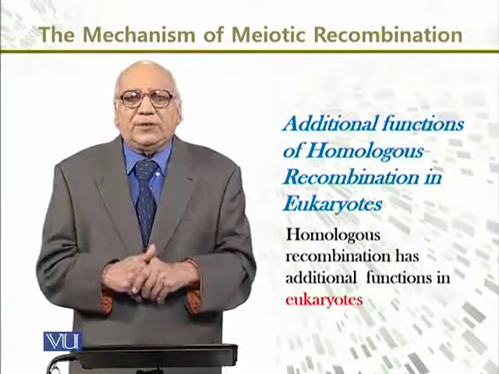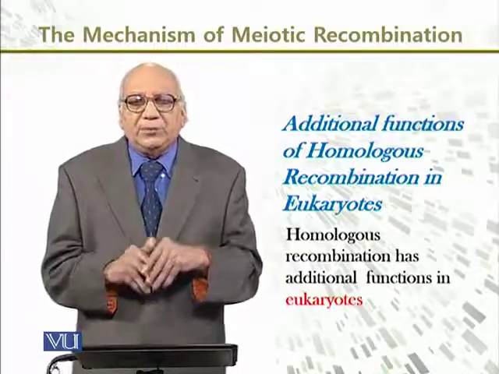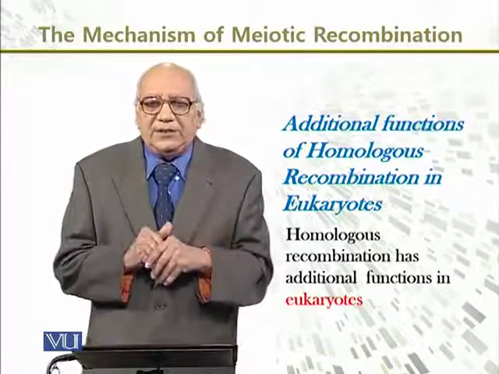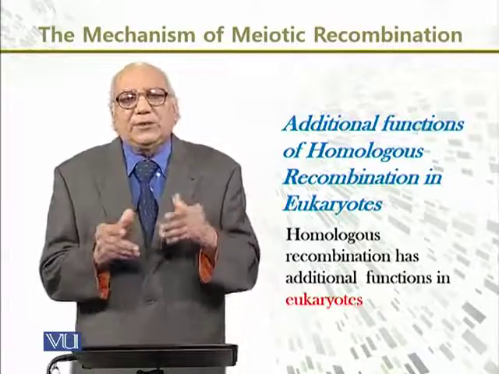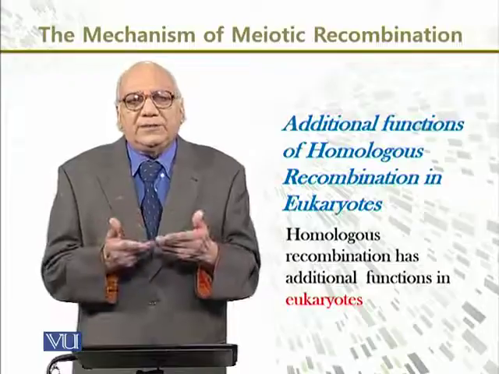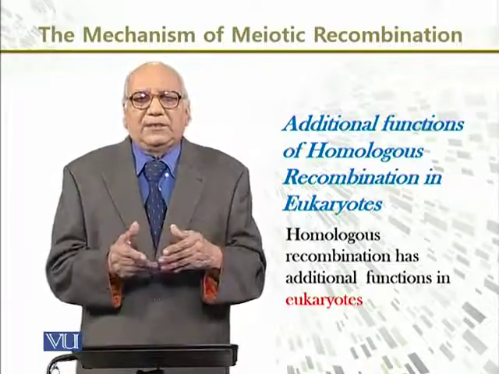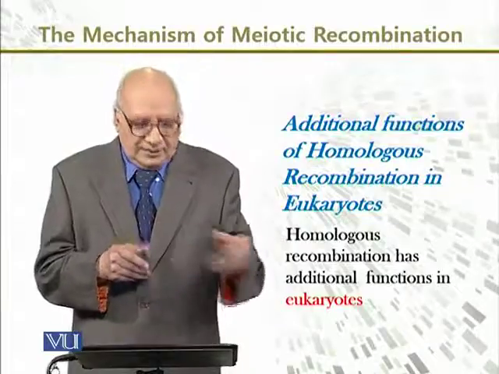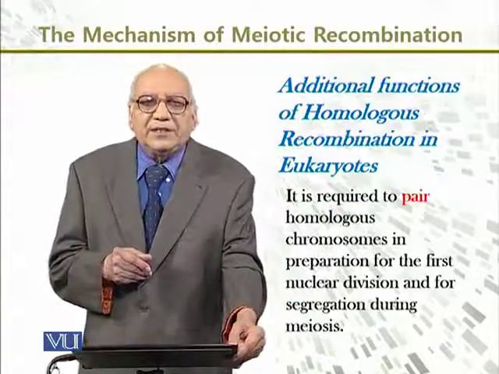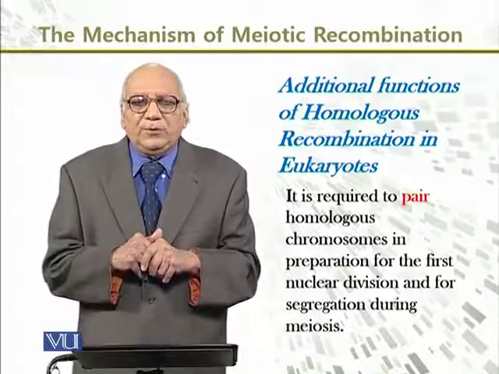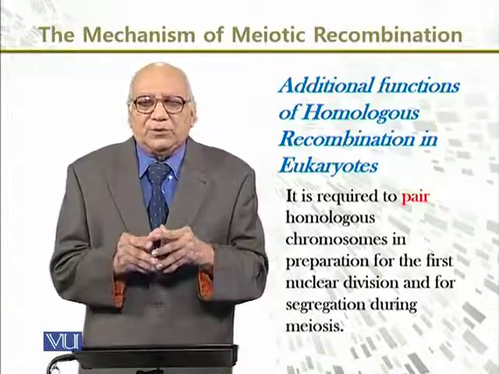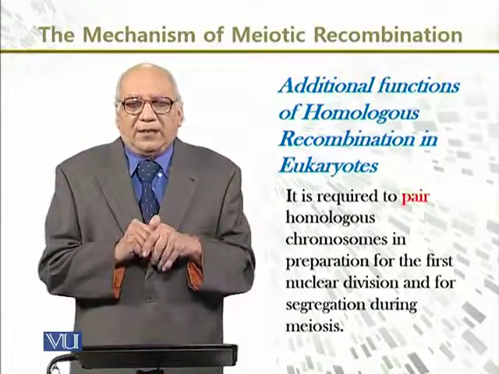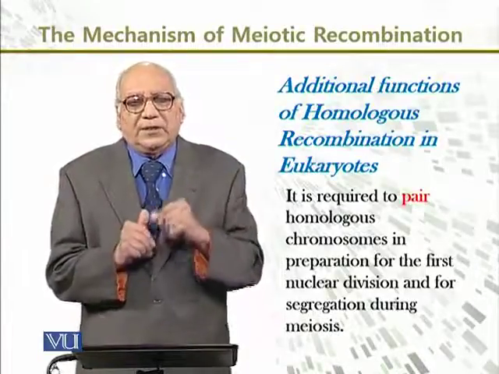Homologous recombination has additional functions in eukaryotes like yeast, and it is required to pair homologous chromosomes in preparation for the first nuclear division, the segregation during meiosis.